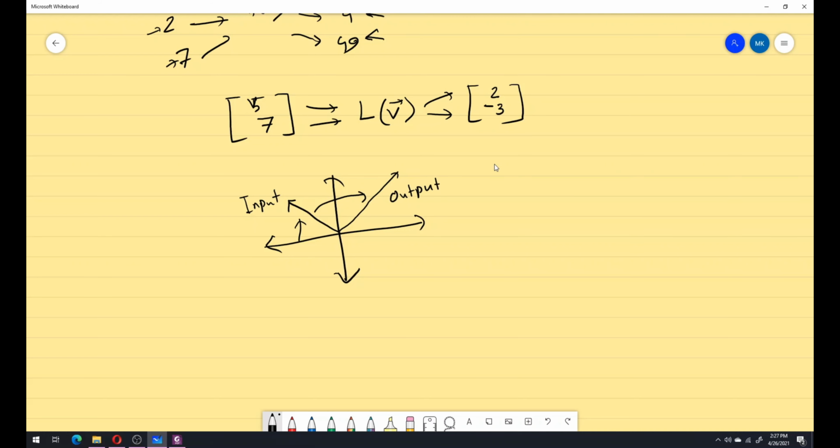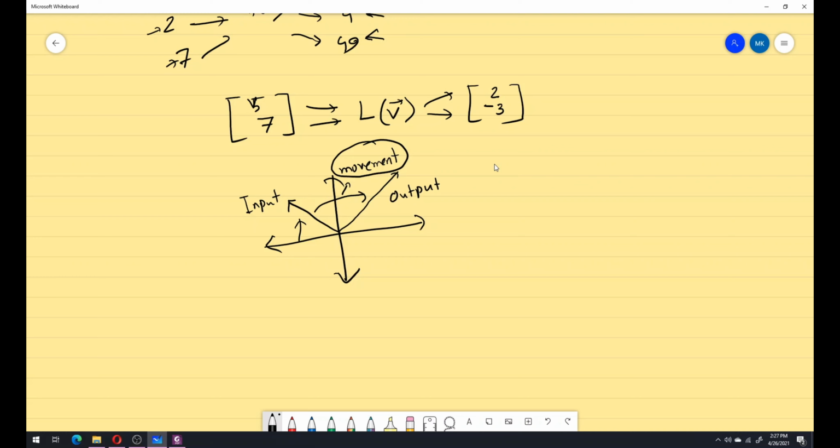And this movement that happened here actually tells you about the transformation. So the terminology transformation is used to give you an idea about this movement. Let's see this with a detailed example.